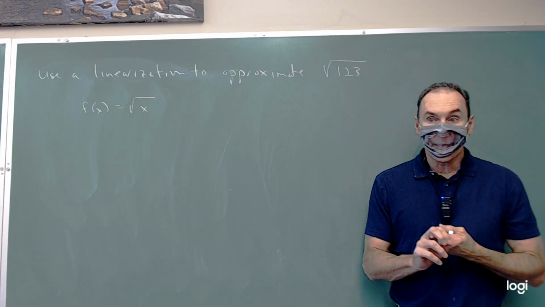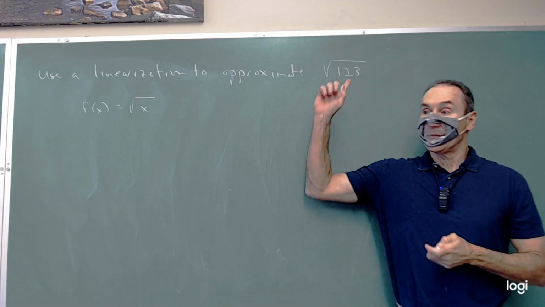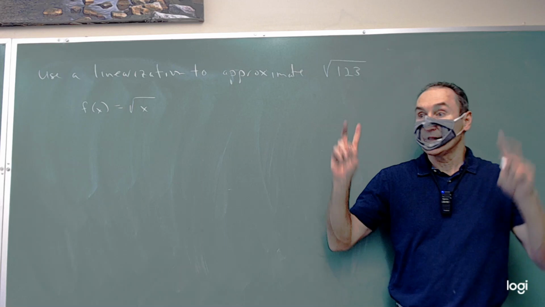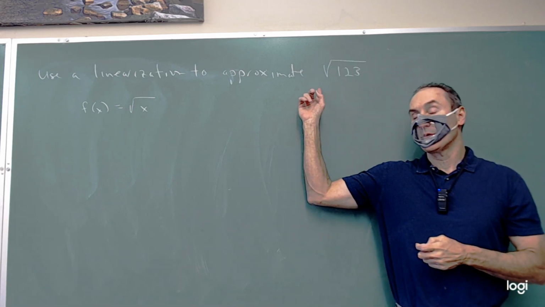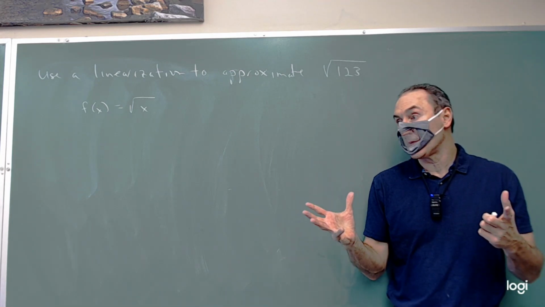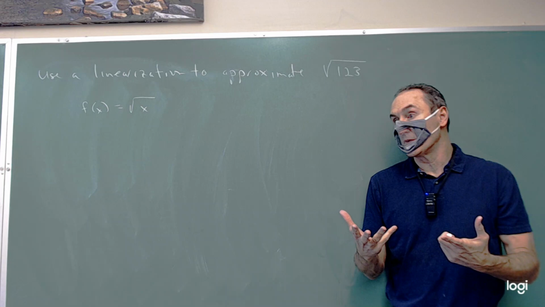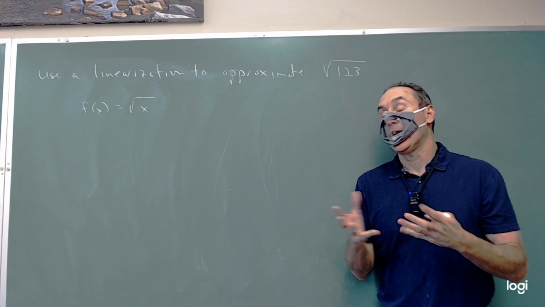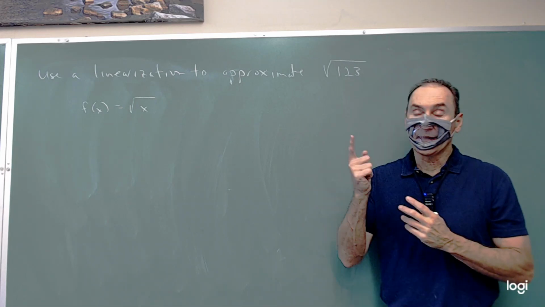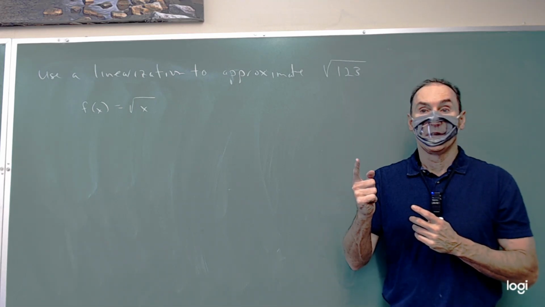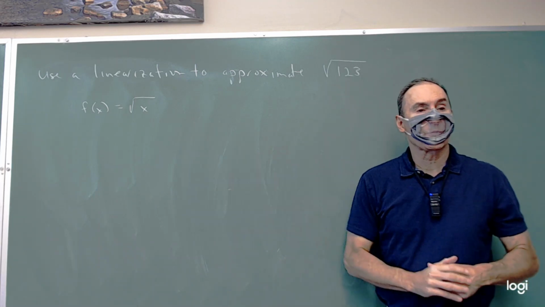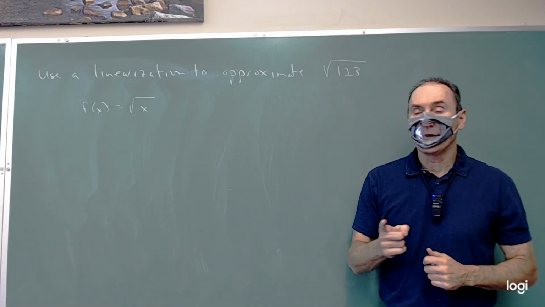We want to find an equation of a tangent that is close to what we're going to approximate here. You also want to choose a number that is easy to compute, that you'll be able to do without a calculator, because you won't be able to use a calculator on this. So what is a nice number close to 123 that you can evaluate in the square root function without using a calculator?